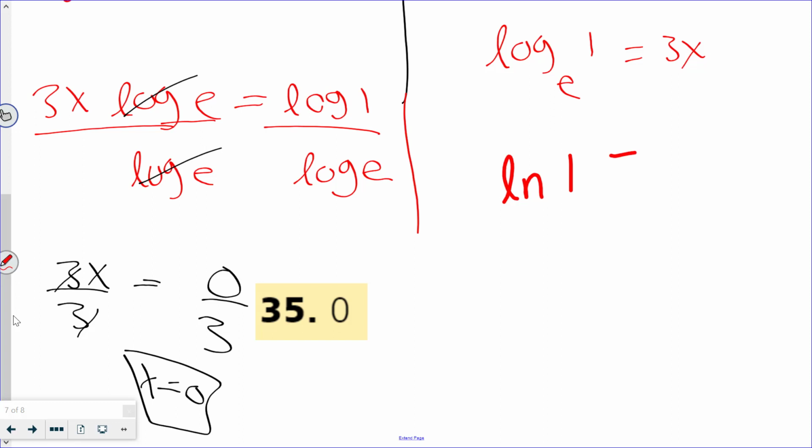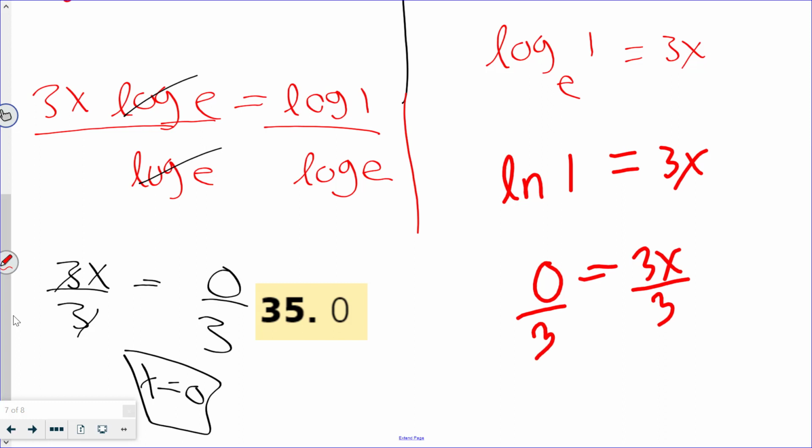What is ln 1? Put that in your calculator. 0. Ln 1 is 0. 0 equals 3x. Divide both sides by 3. And we get the same answer. So both ways will work. You have options. Whichever one you feel most comfortable with, do it that way. Thank you, Juliet. Angelina.